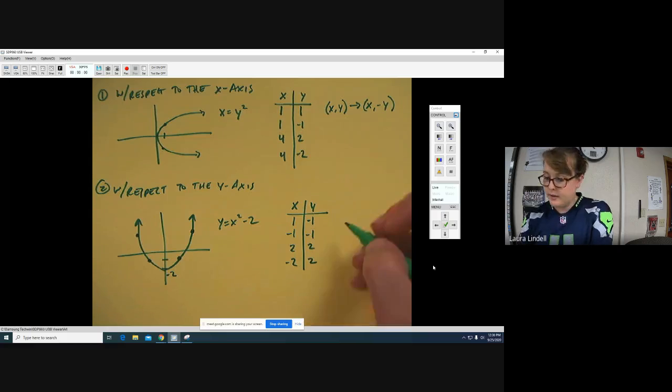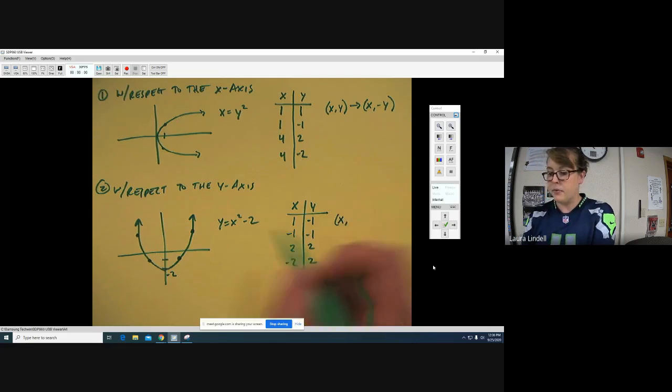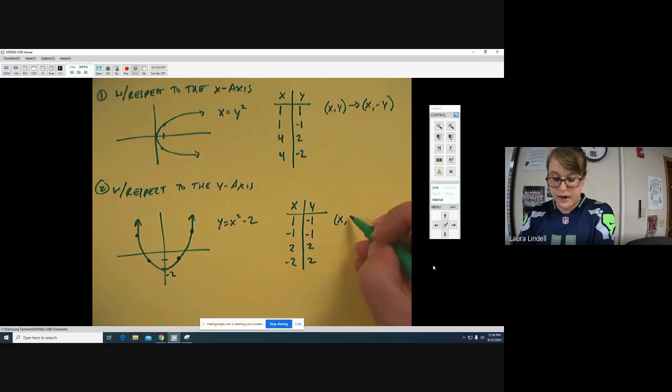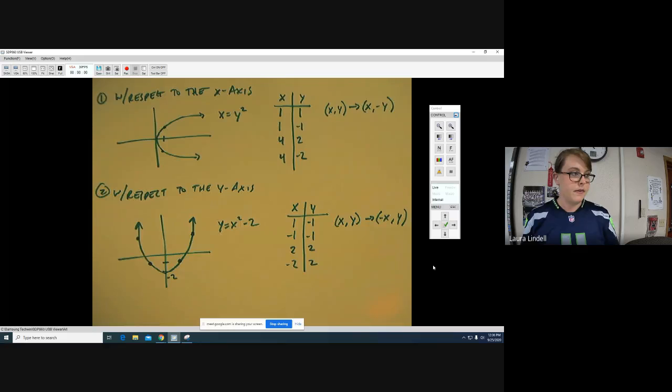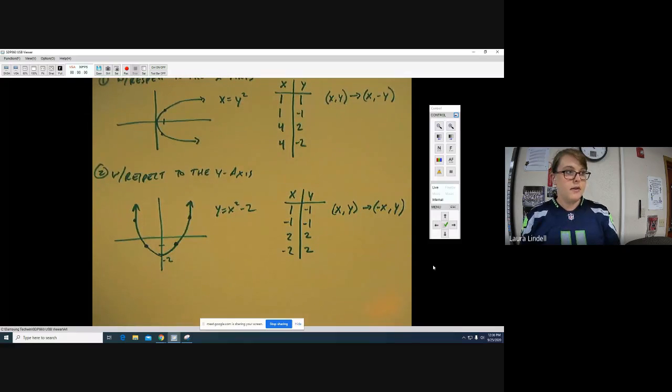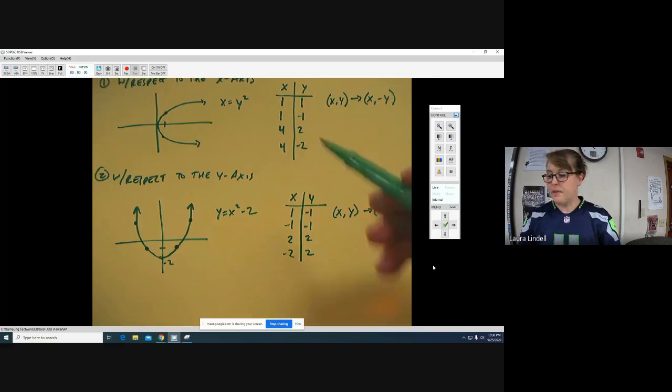So the idea here is that when it has symmetry with respect to the y-axis for your function, if this is a point on your graph, then the negative version of x with that same y value is also a point on your graph. So they kind of have this opposite thing going here.